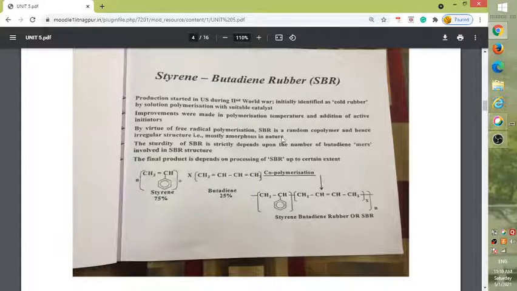Then some improvements were made. The sturdiness of SBR is strictly dependent upon the number of butadiene mers involved in the SBR structure. So the more the butadiene, the more the sturdiness. The final product depends on processing of SBR up to a certain extent. So styrene 75%, butadiene 25% copolymerization gives styrene butadiene rubber.